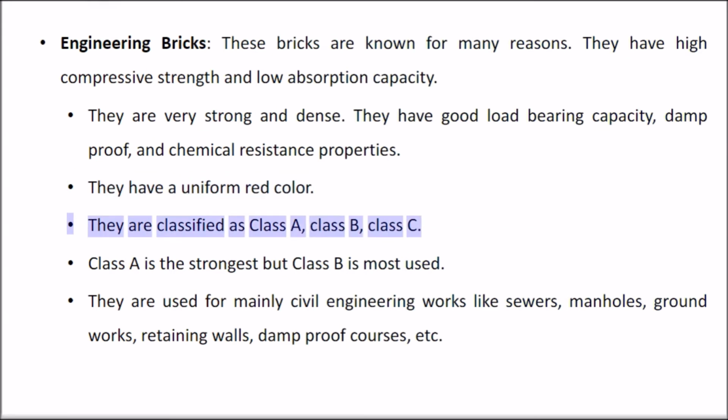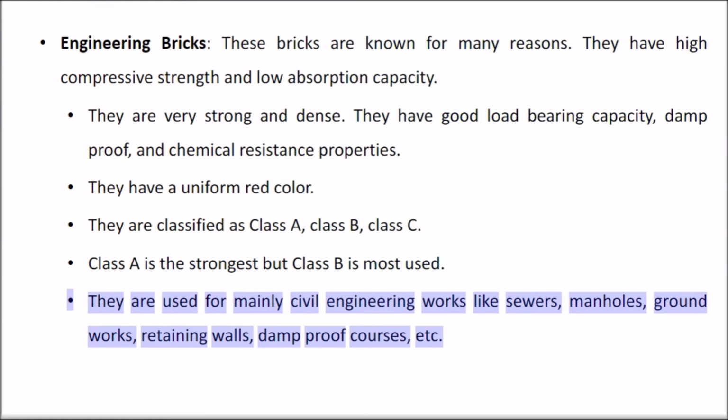They are classified as Class A, Class B, and Class C. Class A is the strongest but Class B is most used. They are used mainly for civil engineering works like sewers, manholes, groundworks, retaining walls, damp-proof courses, etc.